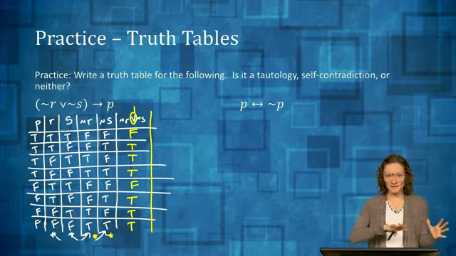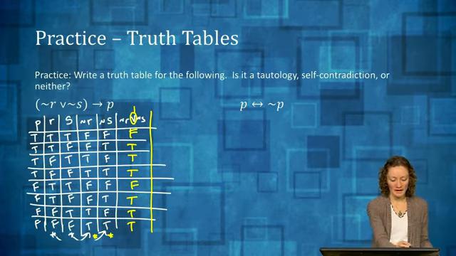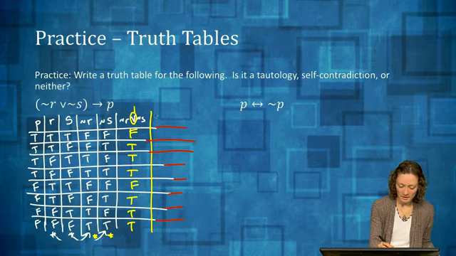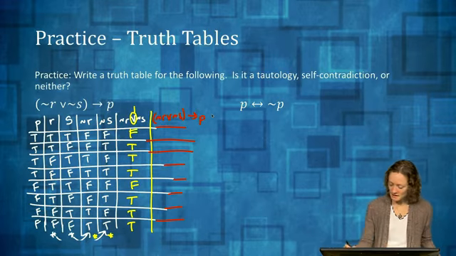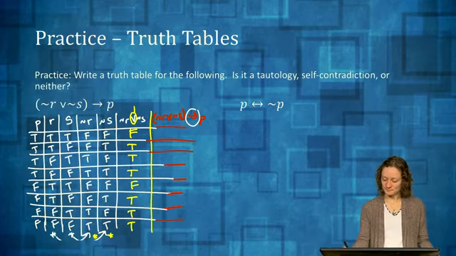And now that we have the parentheses, we're able to do the whole thing, because we have P and we have this parentheses. So for the final column, we'll be pulling together this parentheses and P with the conditional.